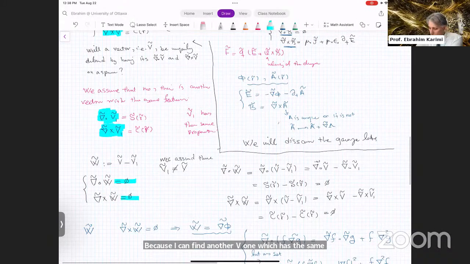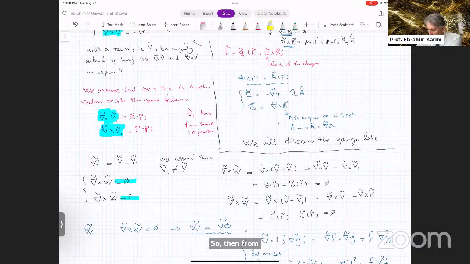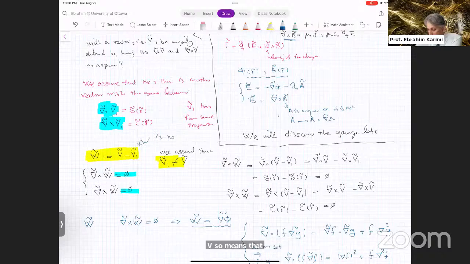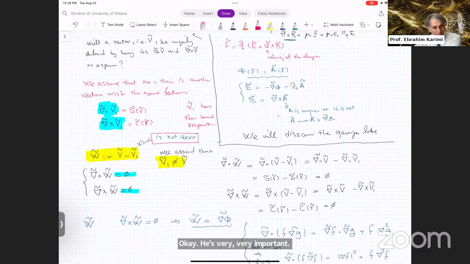Then from these, you can get another vector given by the subtraction of these two vectors, V minus V1. And definitely we assume that V1 is different from V, which means that this W is not 0. This is very, very important in my assumption because V1 is different from V.